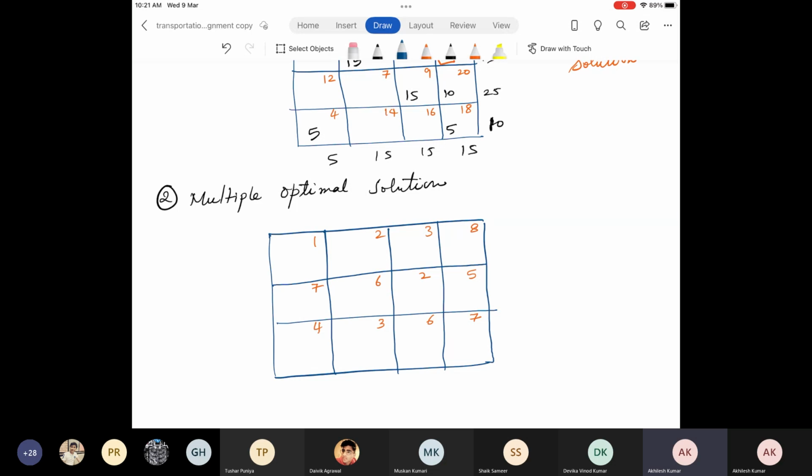Suppose the allocation we have got is 15, 15, 25, 25, 15, and 20.